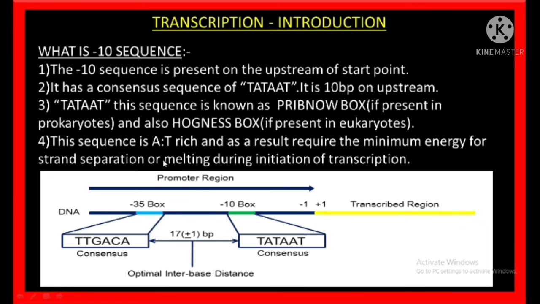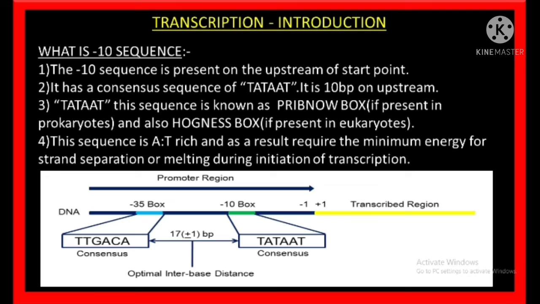Now we will talk about the -10 sequence. The -10 sequence is present upstream of the start point. It has a consensus sequence of TATAAT. It is 10 base pairs upstream.